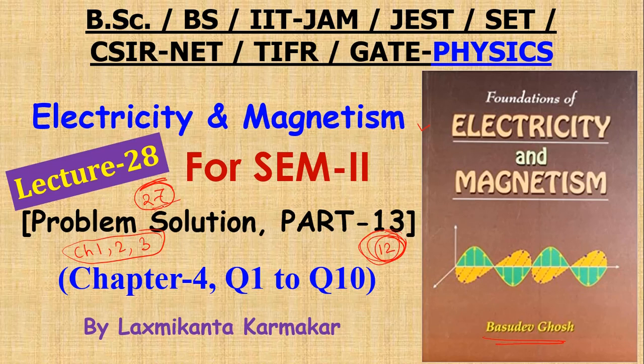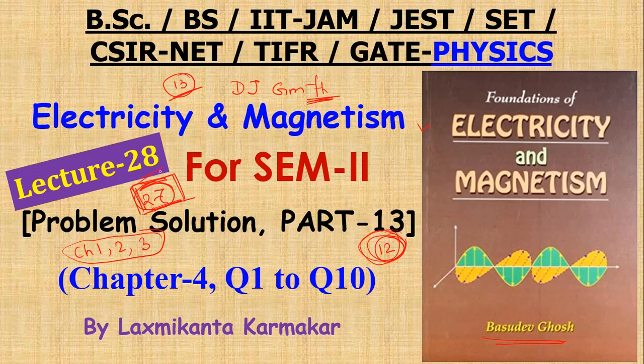The other lectures solve problems from Electrodynamics by D.J. Griffiths, 13 parts already covered, and the rest of the parts are taken from Griffiths. Okay, so I think you are clear about the previous lectures.